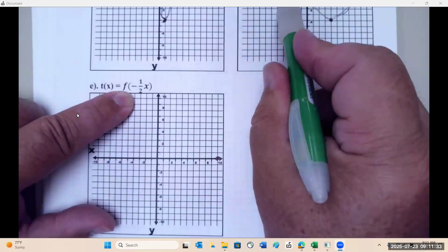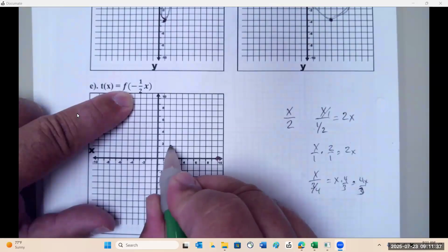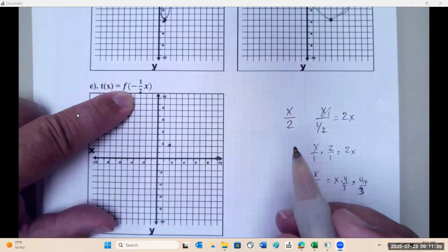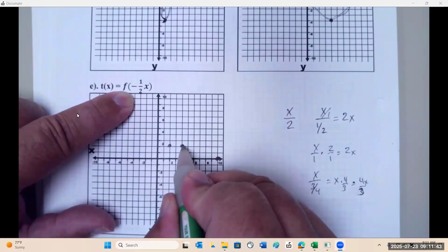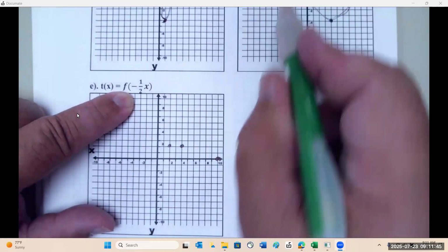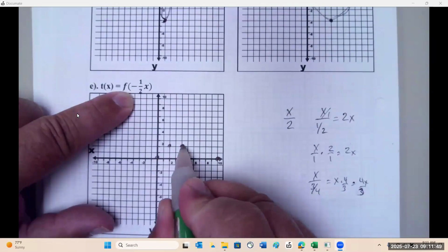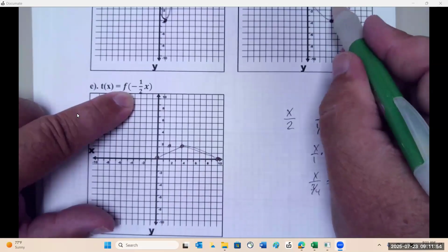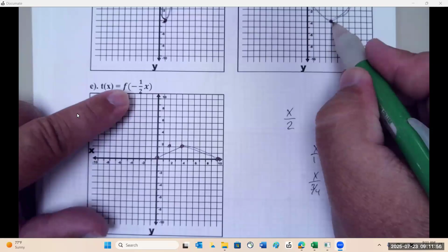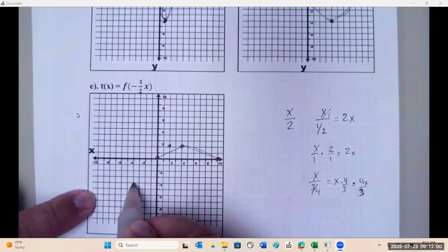Negative 4, 2 becomes positive 4, 2. 0, 0 stays there. 4, -4 now becomes -4, -4.